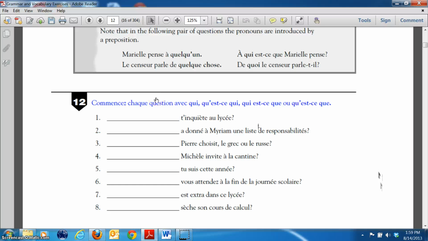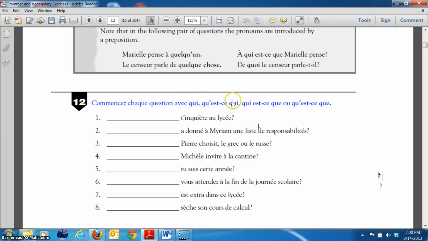Since we have a subject here already, the end word has to be que, and we know these are not human, so the beginning word has to be que. So what has a que at the beginning and at the end? It looks like this one does. So your question is, qu'est-ce que Pierre choisit, le grec ou le russe? What does Pierre choose? He chooses Greek or Russian.